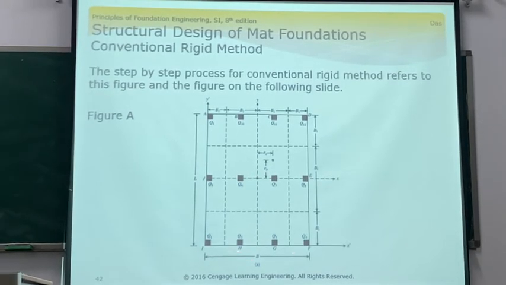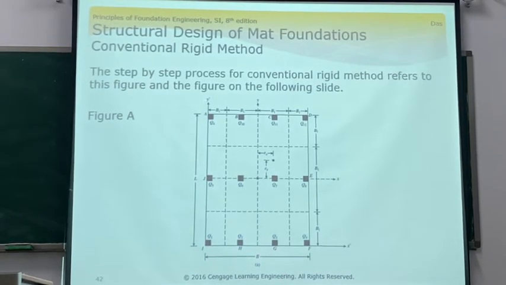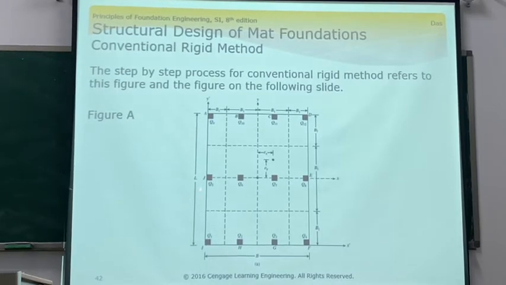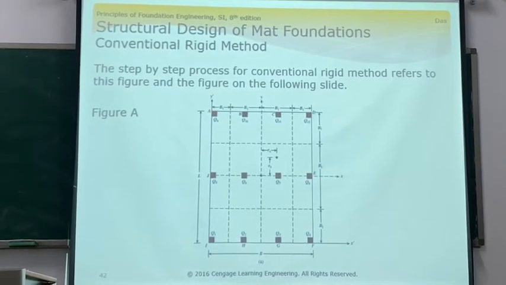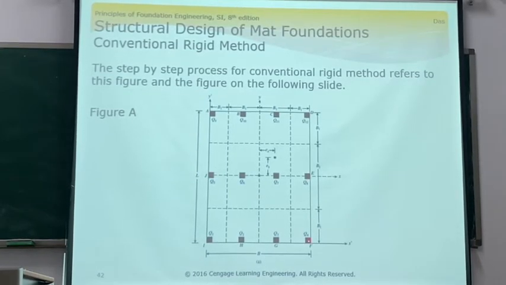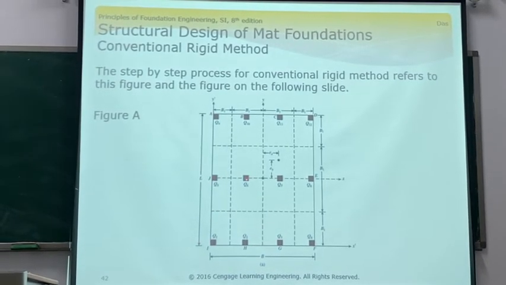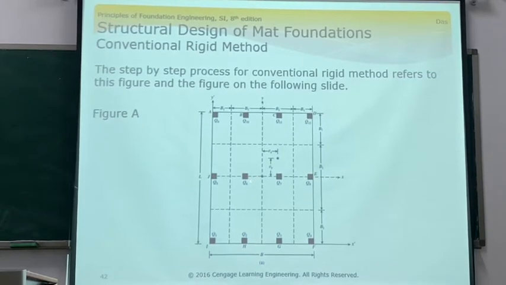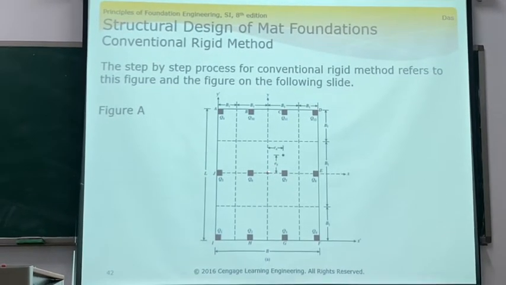This is the width of the foundation. This is the total length of the foundation. This is the columns A, B, C, D, E, F, G, H, I, J, K.